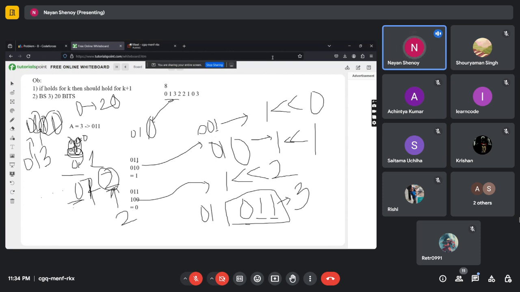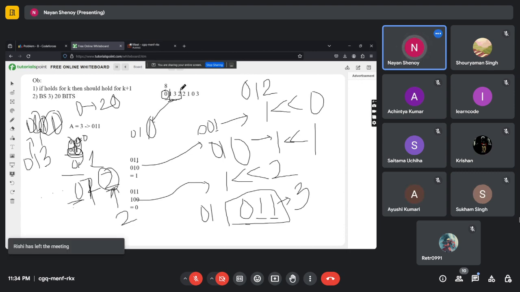Next we will calculate for 0, 1, 2. Now, what I want to do is remove the effect of this 0 and move the window one step forward like this.